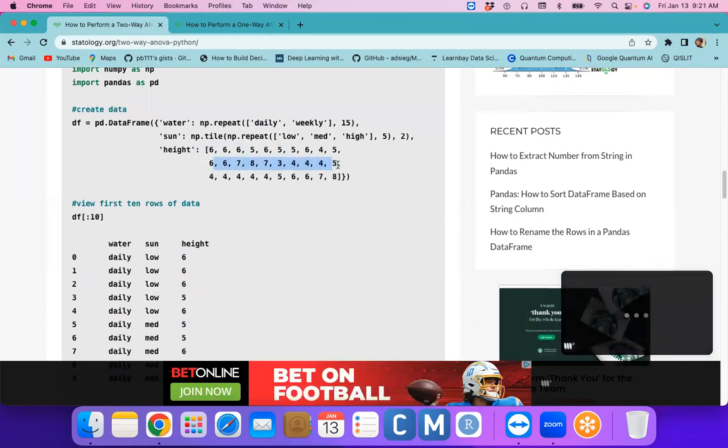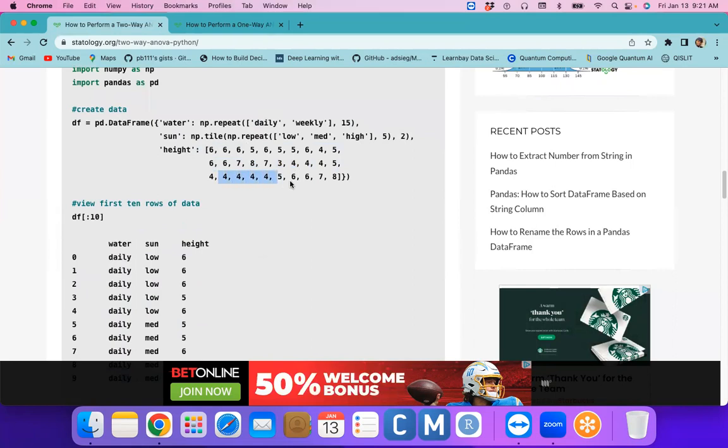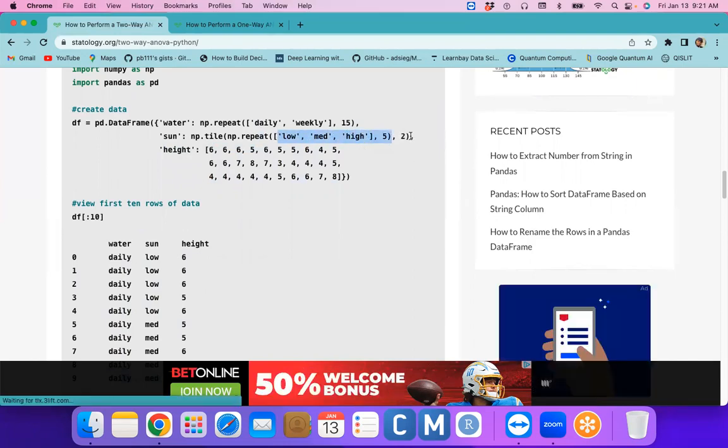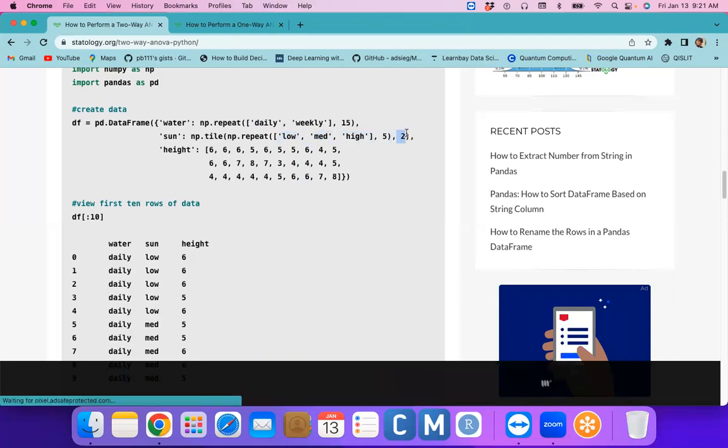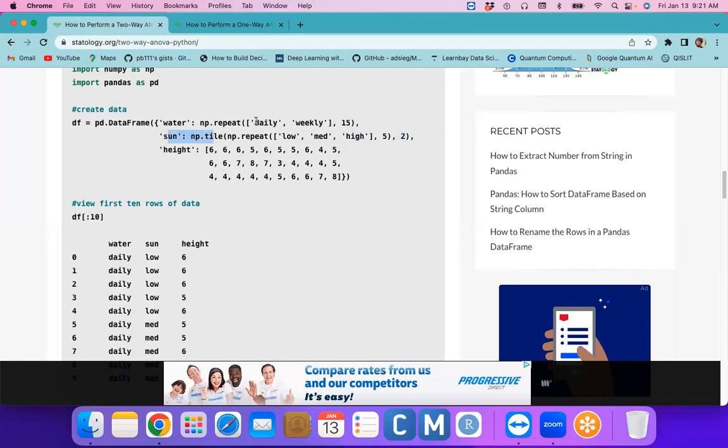So 10, 10 and 10, how much? 30 records. So height could be 30 records, and we are repeating the 3 things, and this 3 is repeated 5 times. So 3 into 5 is 15. This 15 can be repeated two times. So 15 into 2 is 30. So sun is having 30 records.